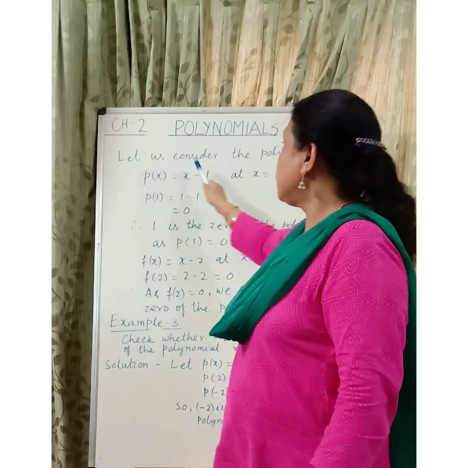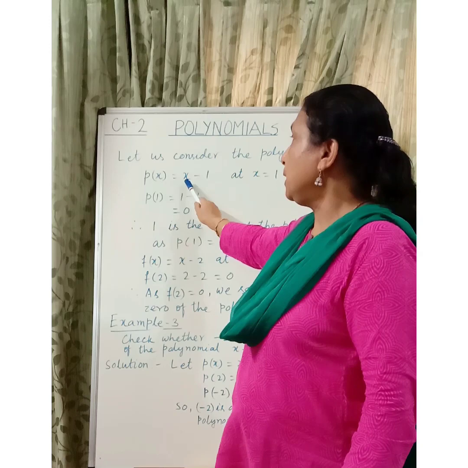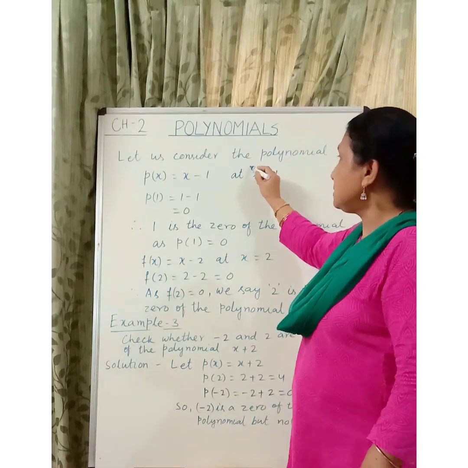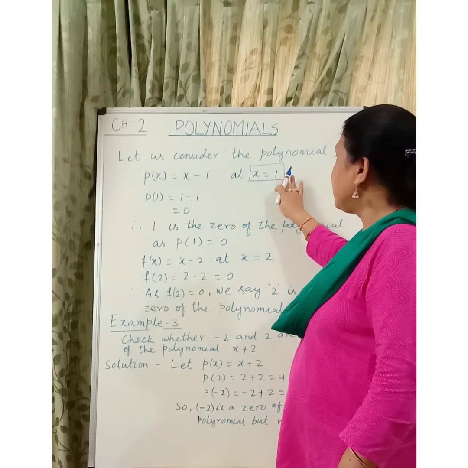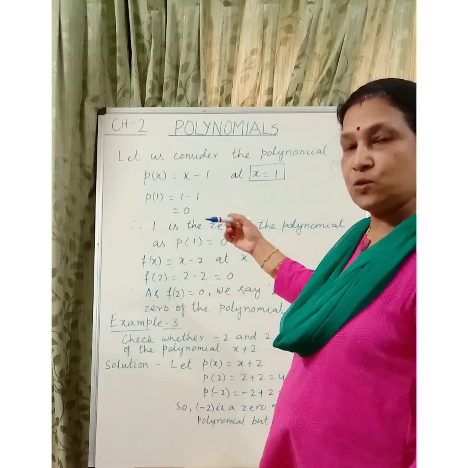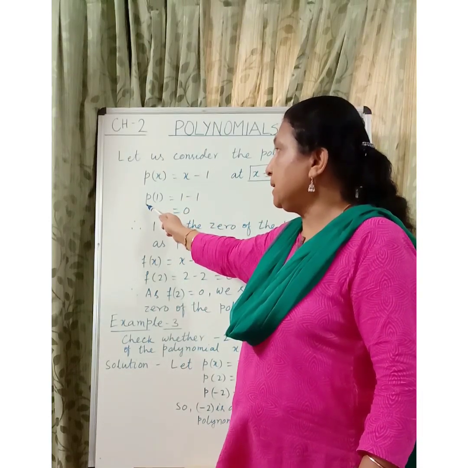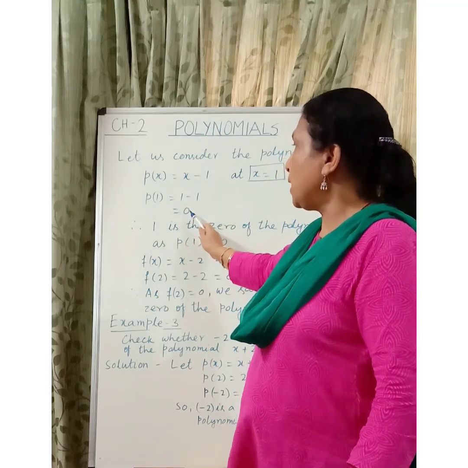Now let us consider the polynomial p(x) is equal to x minus 1 at x is equal to 1. So here when we substitute the value of x as 1, we get the value of the polynomial, that is p of 1, which is equal to 1 minus 1 is 0.